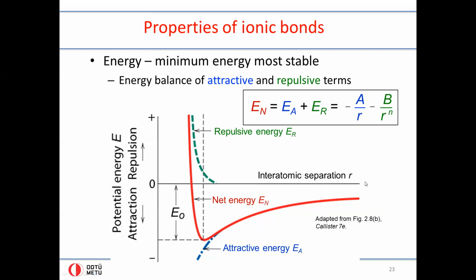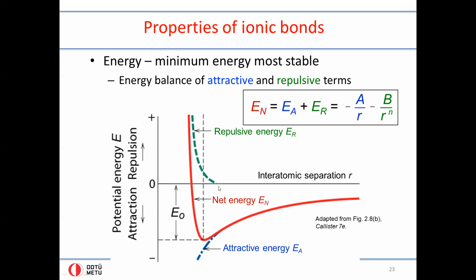In, say, the previous example, between sodium and chloride, the distance between their centers is referred to as interionic or interatomic separation, here given by the letter R, this position being the 0 R value, hence this being where the two centers of the ions overlap, which is impossible.